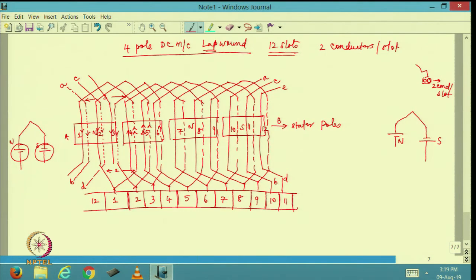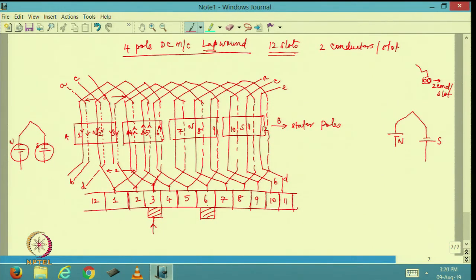So, if I am connecting commutator segment 1 like this, let me look for where both conductors are carrying the current in either downward direction or upward direction. Please see here, this is carrying current in upward direction, this is also carrying current in upward direction. So, I am going to connect one brush here. So, the brush is going to carry current in upward direction. So, if there is a brush here, I will also have a brush here.